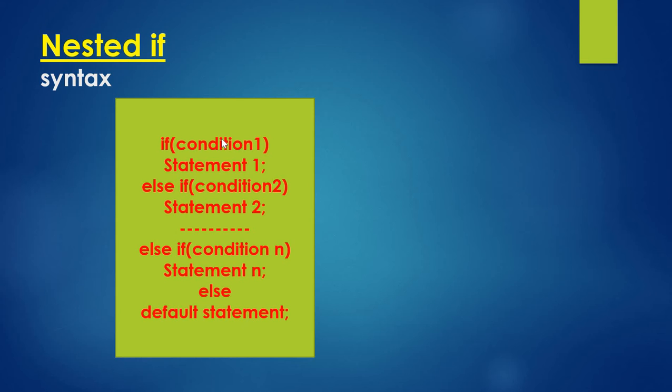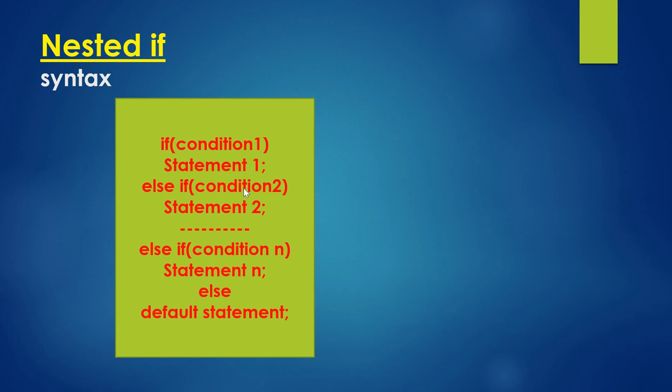Means first the condition 1 is checked. If that condition 1 is true, statement 1 is to be executed. If that condition 1 is false, then it will check the second condition.